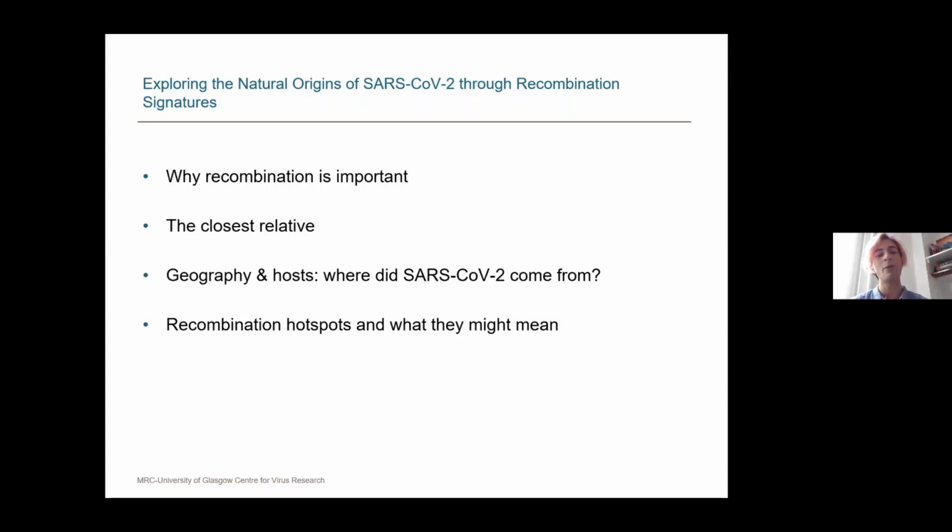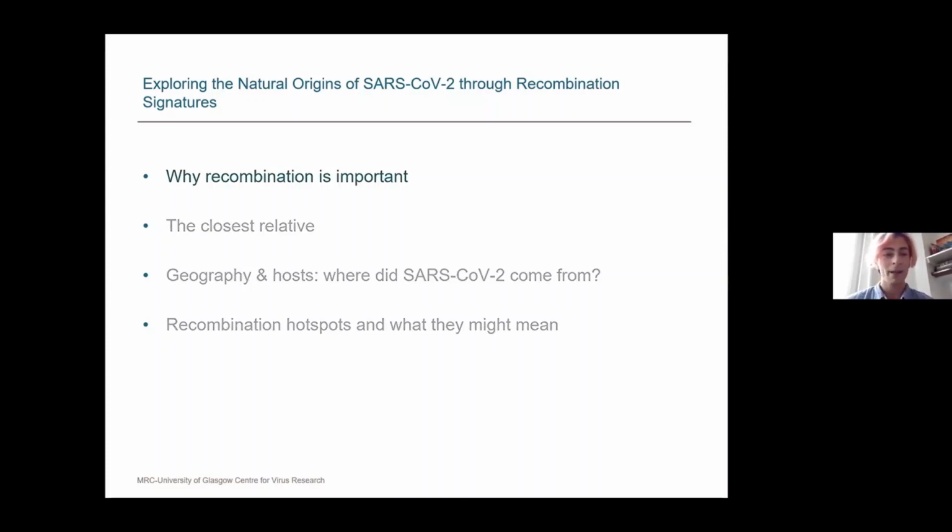And if we overlay the geographic and the host information of these viruses onto the phylogenies we have, whether we get closer to finding out where SARS-CoV-2 came from.